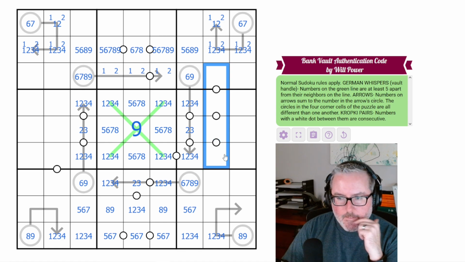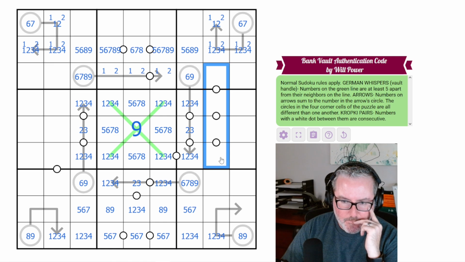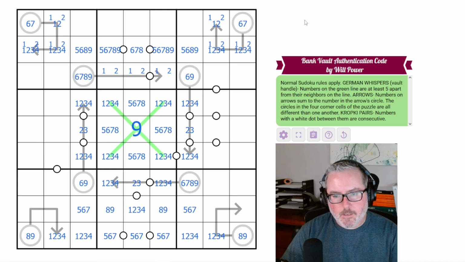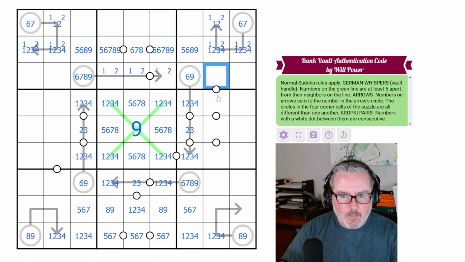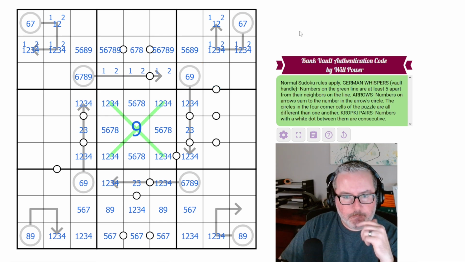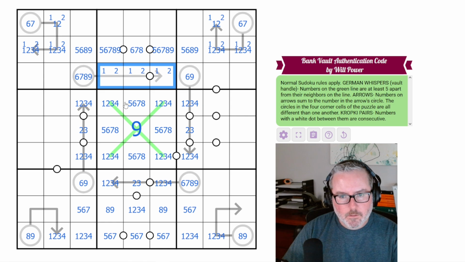I still think we're gonna have these be fairly high digits. But if there's enough information there to say if they're 5, 6, 7, 8, 4, 5, 6, 7, or 6, 7, 8, 9. So we know this is a 1, 2 with something else.